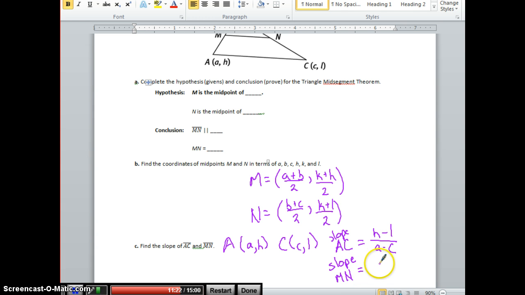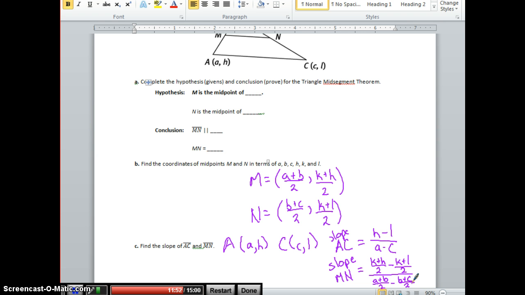So it's going to be your difference in y's. So it's going to be k plus h over 2 minus k plus l over 2 all over, okay, and then the difference in my x's. So I'll have to start with a plus b over 2 minus b plus c over 2. Is that fun?